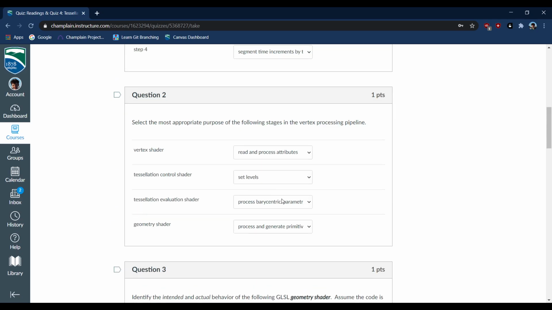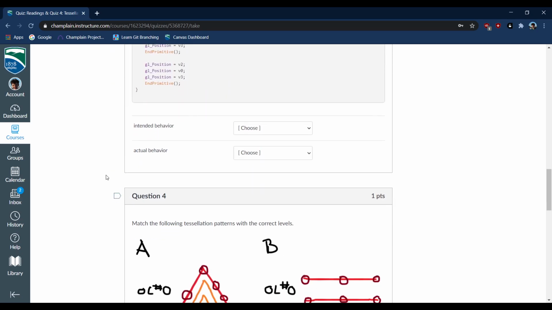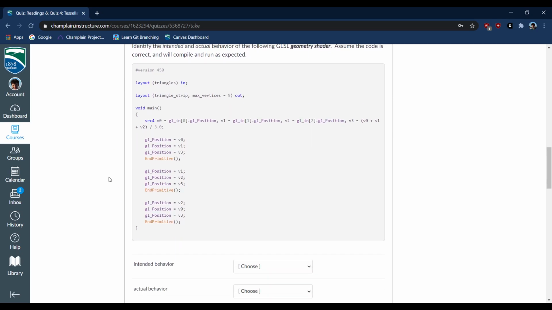I know this one's barycentric, and I know that this one's generate primitives, I believe. And I think that sets the level. These two could swap, but these two I think are definitely set. I don't know, I'm probably overreading what that means.